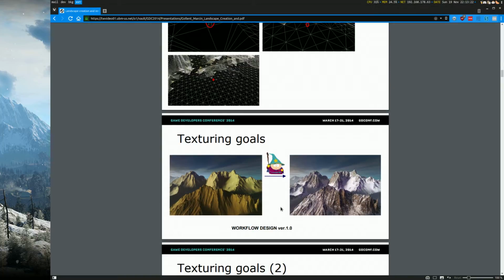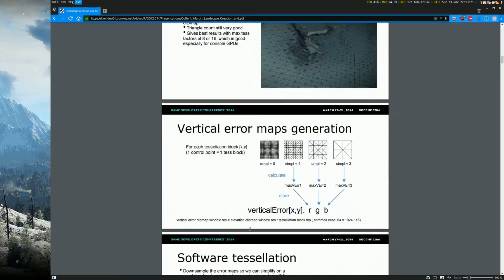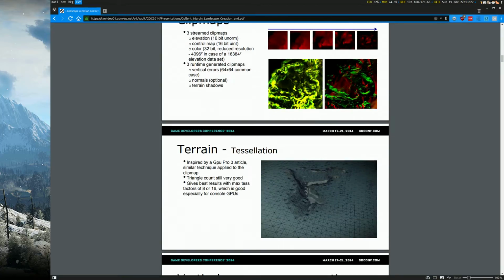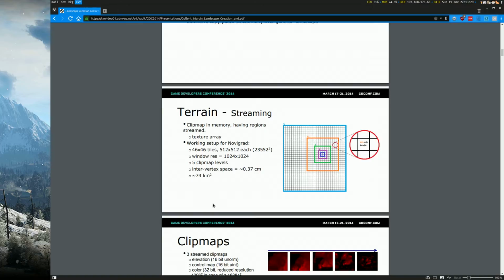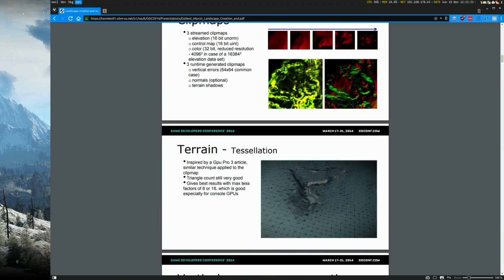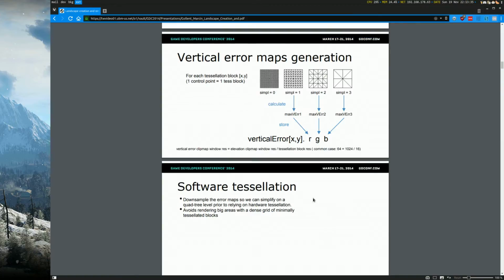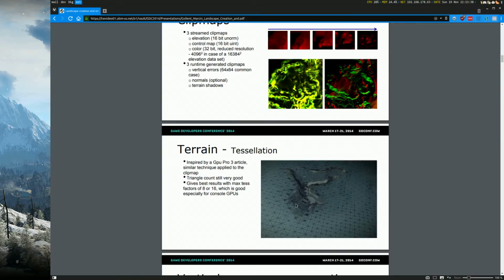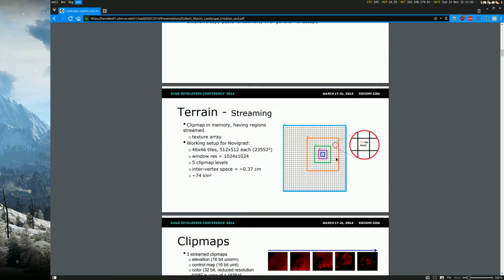Or maybe that's an additional thing they do for the things? I don't know. I think that's an additional thing they do aside from the clipmaps. Possibly. Who knows?